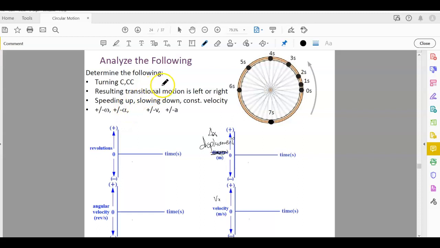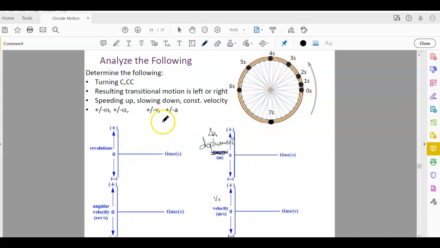Okay, so let's go with a similar type of problem, except this one is rotating counterclockwise, and it has a 7 second duration. So it starts at the 0 second mark and rotates all the way through counterclockwise to the 7th second. Just like our last problem, since the dots are close together and getting further and further apart, it's speeding up.